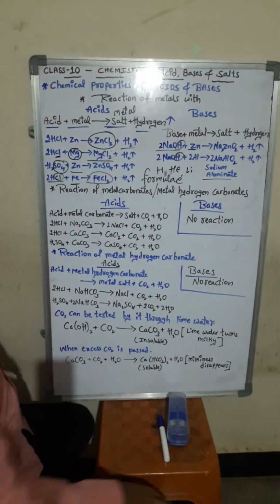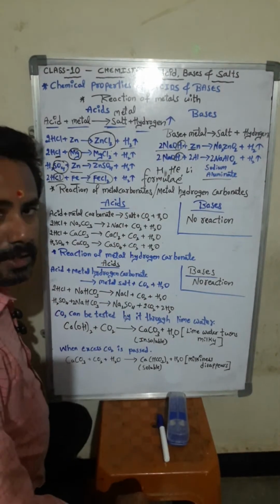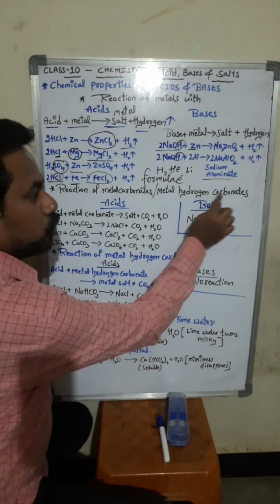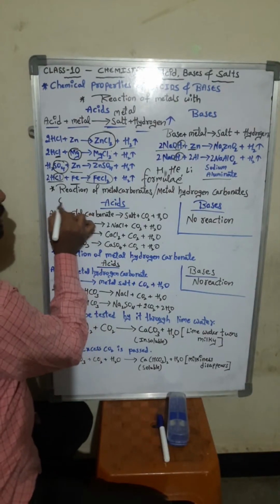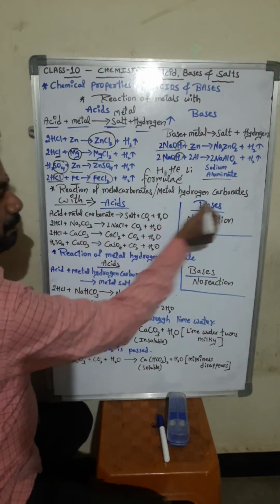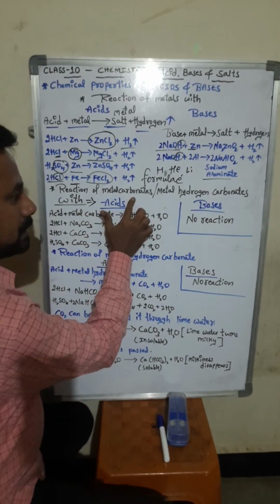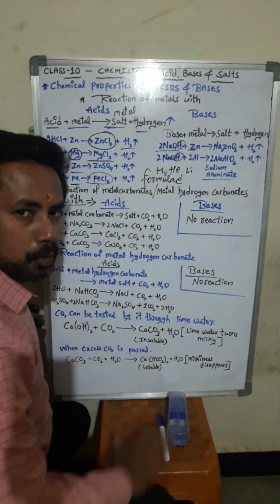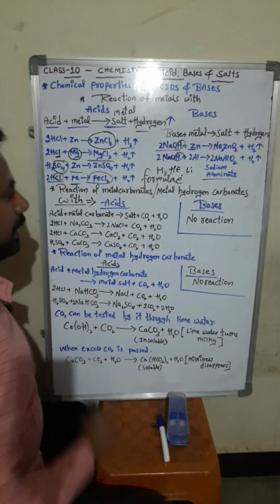Yes. Now, reaction of metal carbonates or metal hydrogen carbonates with acids and bases. With whom, students? With acids and bases. What are reacting? Metal carbonates or metal hydrogen carbonates. First, let us see only metal carbonate.